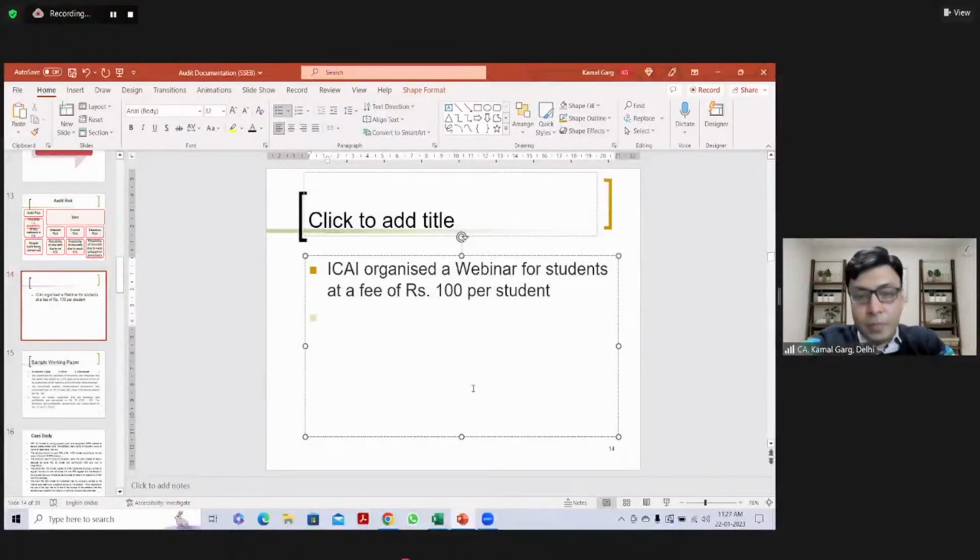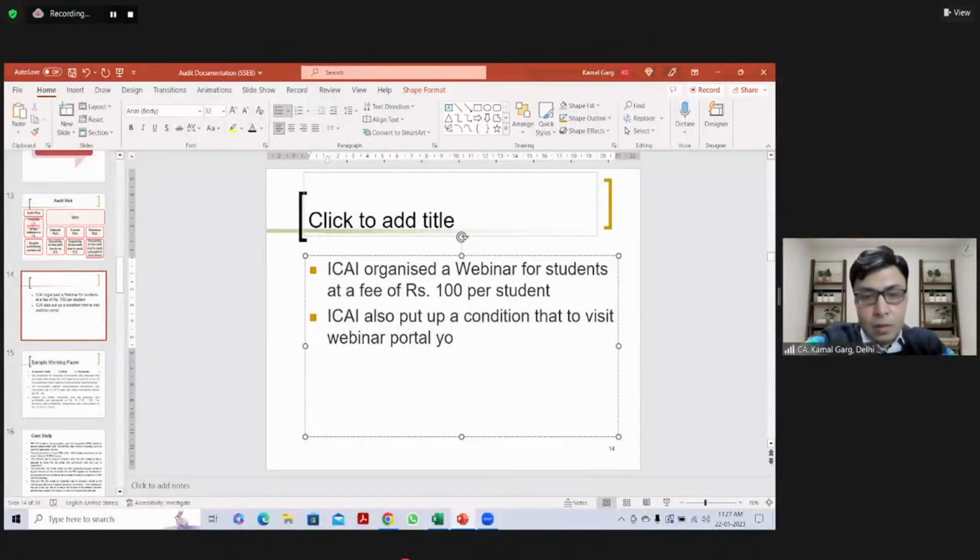Now further facts are, ICAI also put up a condition that to visit webinar portal, you have to provide your student registration number.